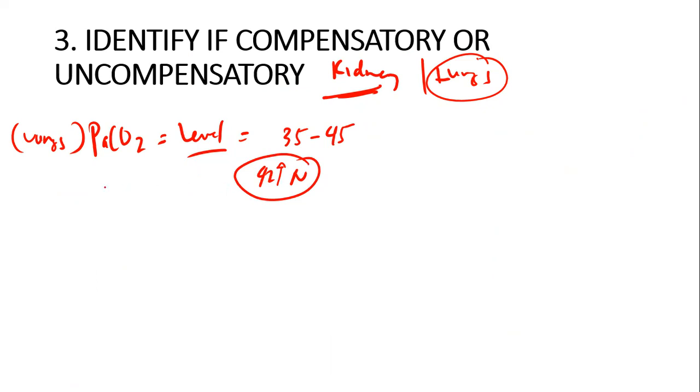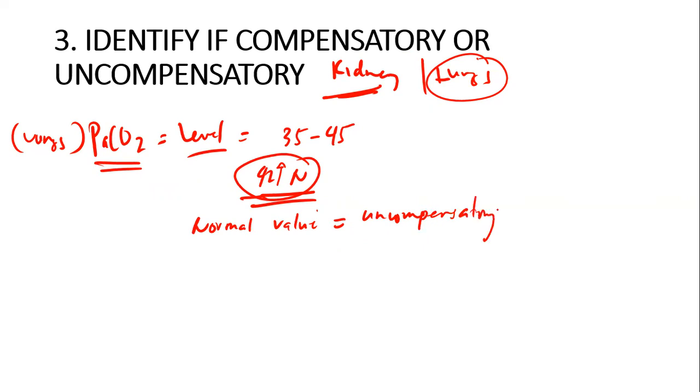Therefore, if the organ that is supposed to be compensating is at a normal value, meaning the compensatory organ is not compensating, because it's not doing anything to compensate for the abnormality of your kidney. All right, do you understand? So a normal value in the opposite organ means that it is uncompensated. All right, so that's uncompensated.